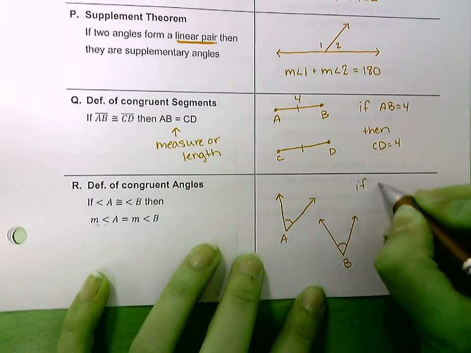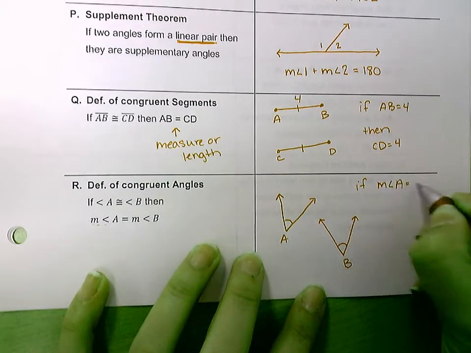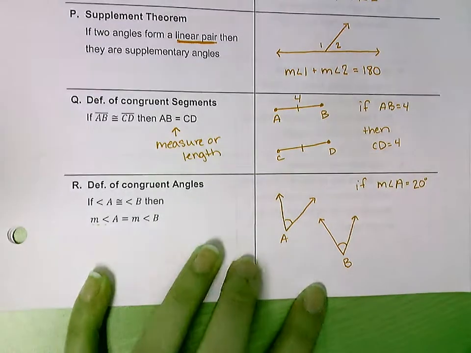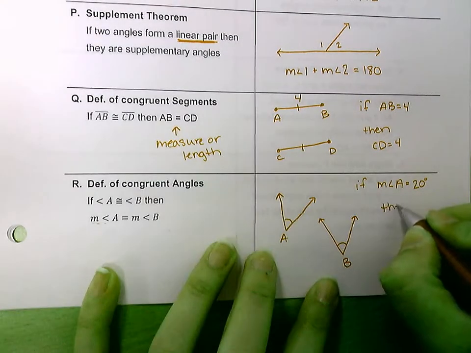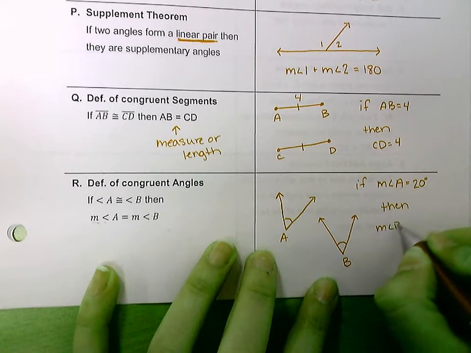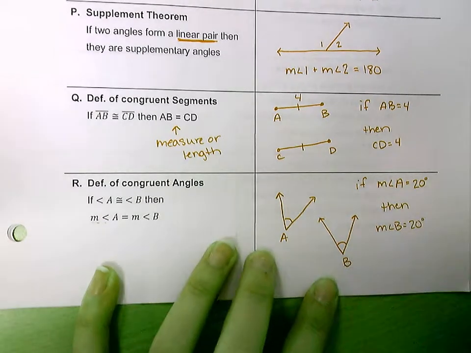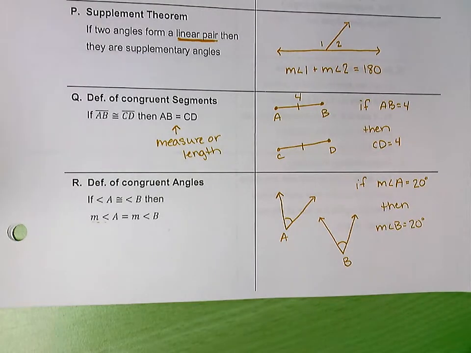And if I know the measure of angle A is equal to 20 degrees, then I can also state the measure of angle B is equal to 20 degrees. Since those are congruent, their measures are also equal.